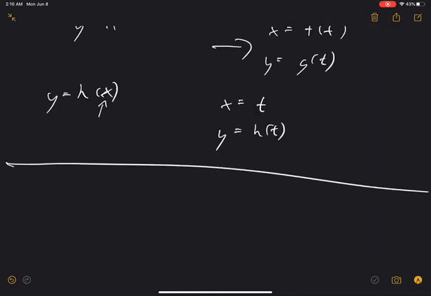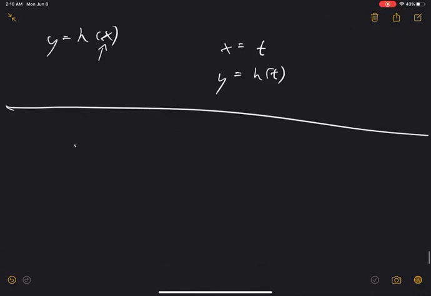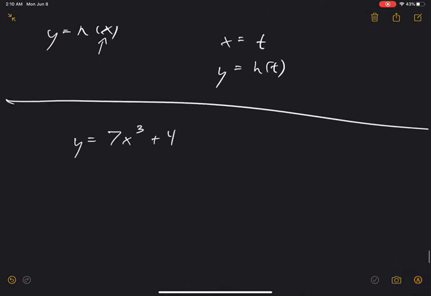That might be confusing, but let's say I start with this equation and I want to convert to parametric. I could think of this as a function of x.